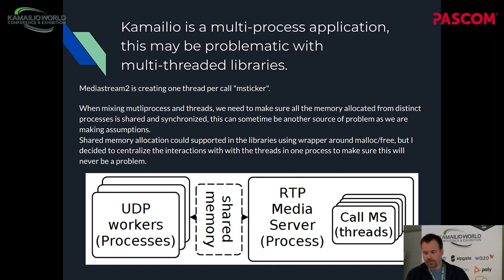So what about the fact that we have this multi-process application using a library that is creating many threads? Initially I said, oh, no problem, because these libraries expose a wrapper around malloc and free, the way you allocate and free memory. So in this case, you could say, oh, whatever happens, these threads will use shared memory, so I don't have to worry about that.